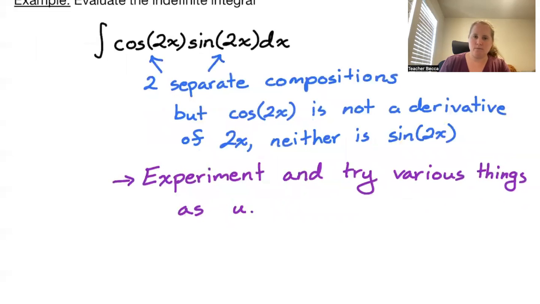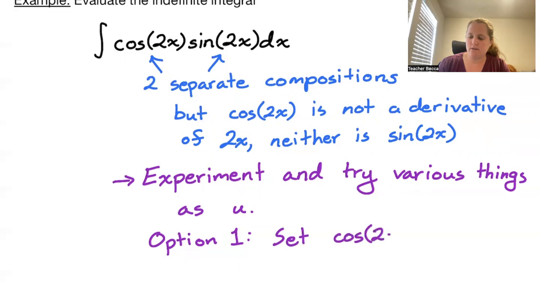So one option would be to set cosine of 2x as our u.